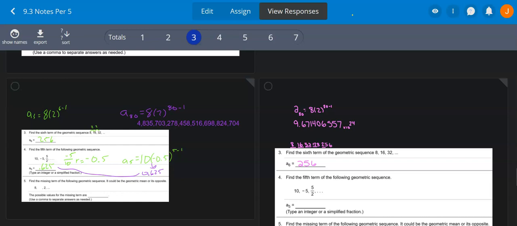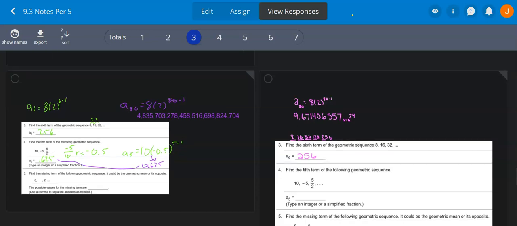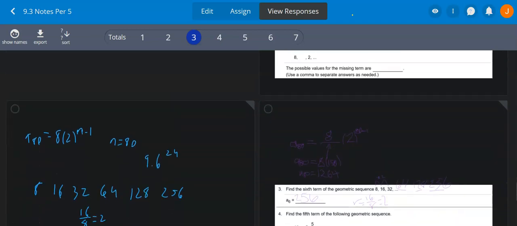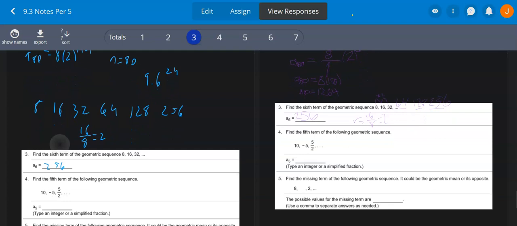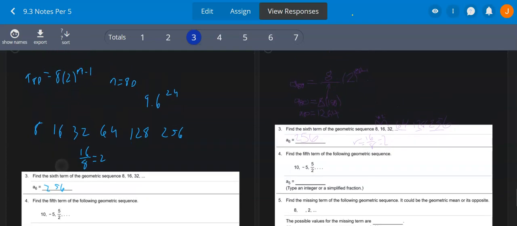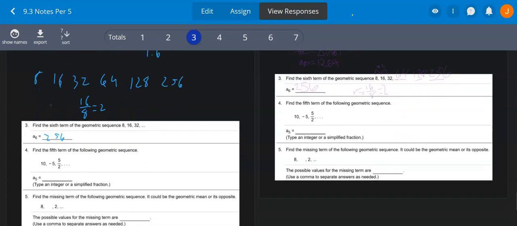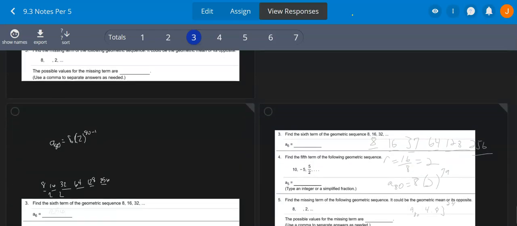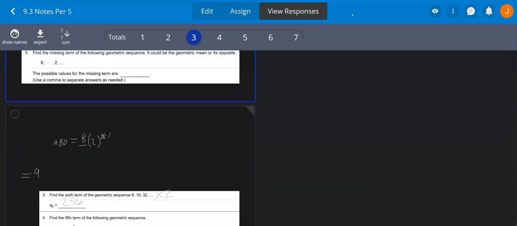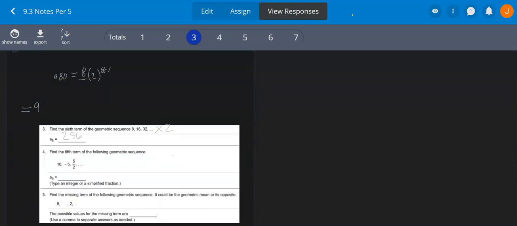I think my number starts out with a 4, not a 9. So if you get a 9 point something, you're not in the right ballpark. And remember, in scientific notation, you better have something times 10 to the power. You can't just put an exponent above whatever number.